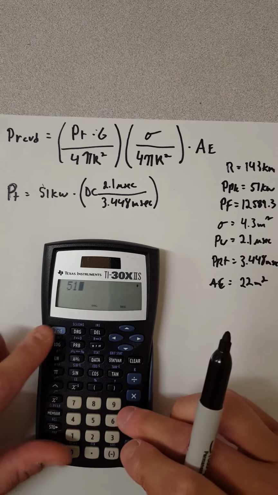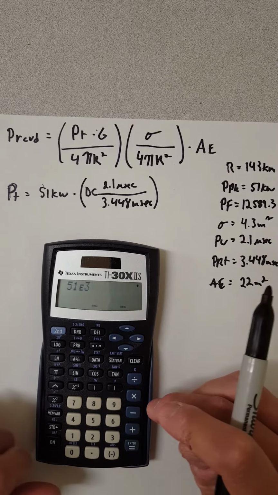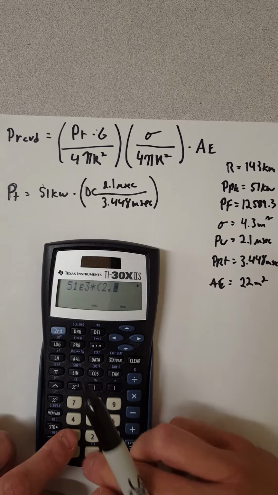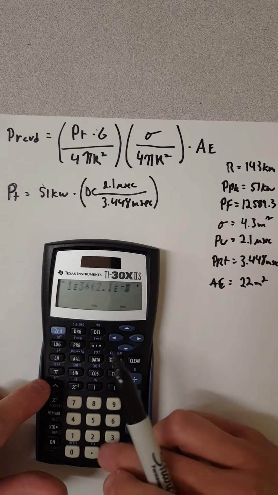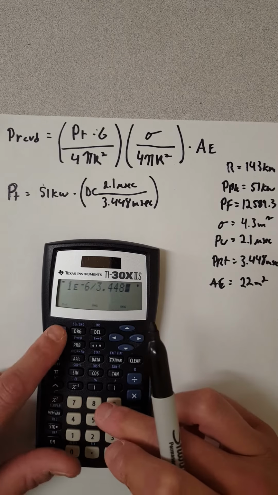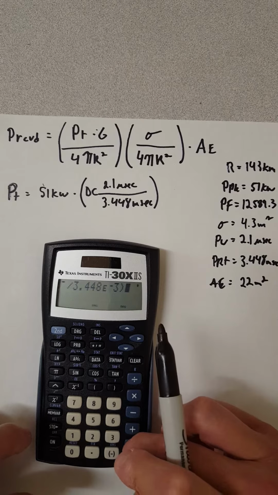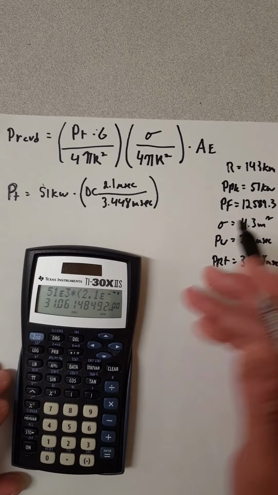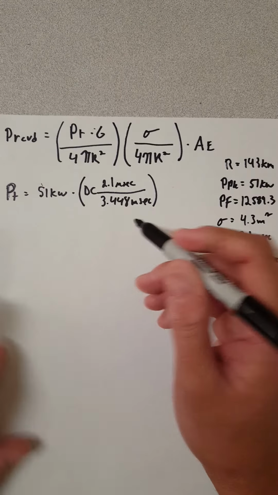We're going to do 51 E3 times, and I can put this in parentheses, 2.1 micro divided by 3.448 milli. So our power total is 31.06 watts.